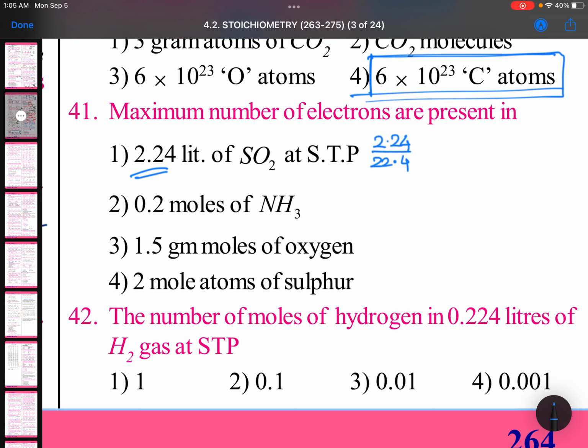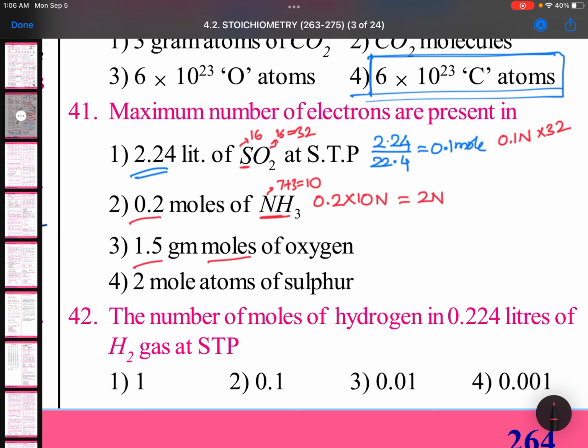Sulfur contains 16 electrons, 2 oxygens 16, so total number of electrons will be 32. 0.2 moles of ammonia, 0.2 moles directly given. Ammonia contains nitrogen 7 and each hydrogen 1, so 7 plus 3, 10, into 0.2 N. So it is 2N electrons.